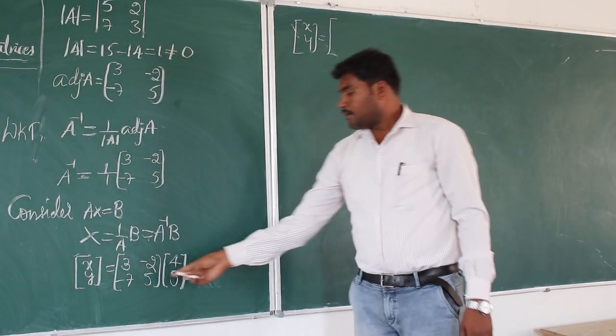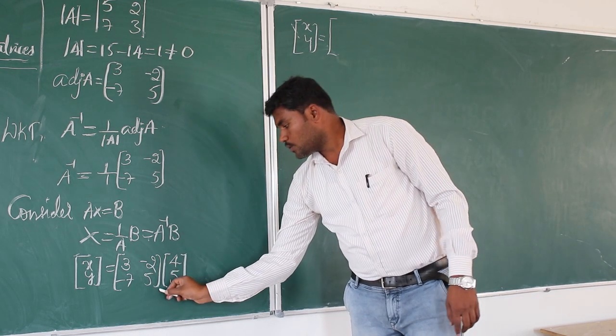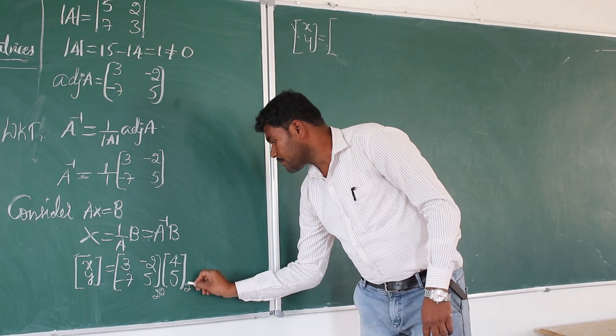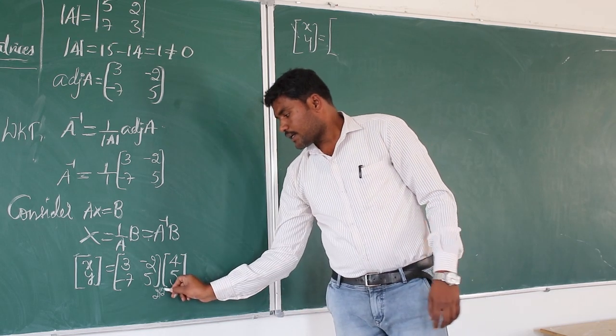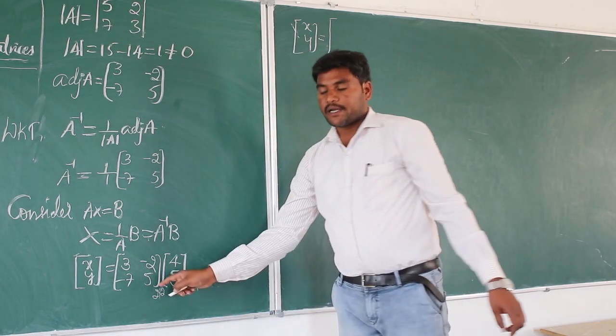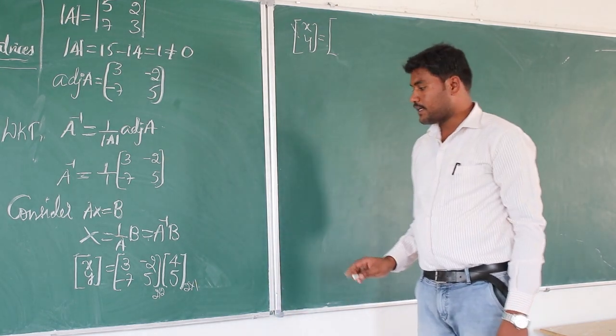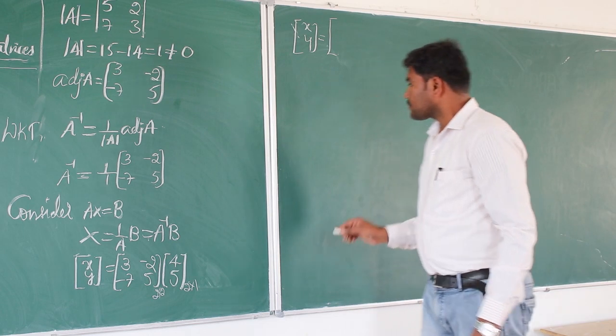Here a 2 by 2 matrix and a 2 by 1 matrix: the number of columns in the pre-multiplier matrix is the same as the number of rows in the post-multiplier, so matrix multiplication is defined.